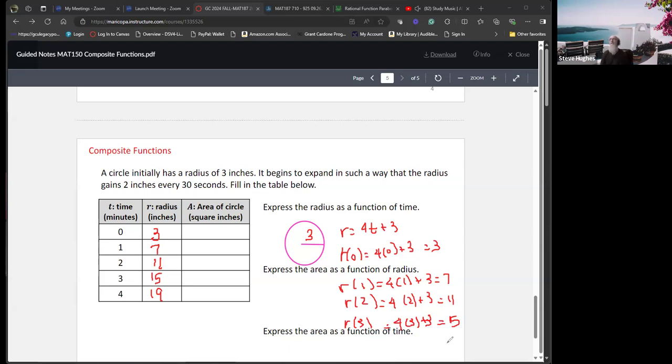Now, everybody, see what you can do with the radius. I'm sorry, the area.